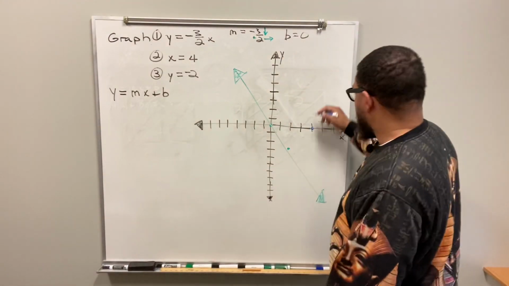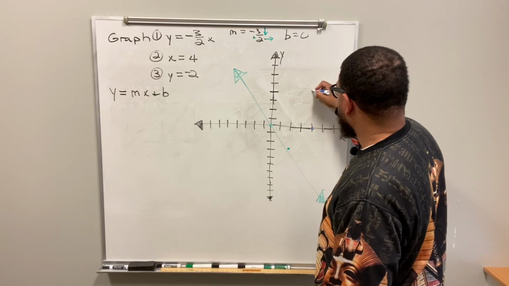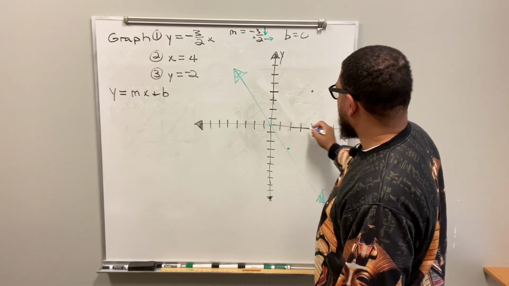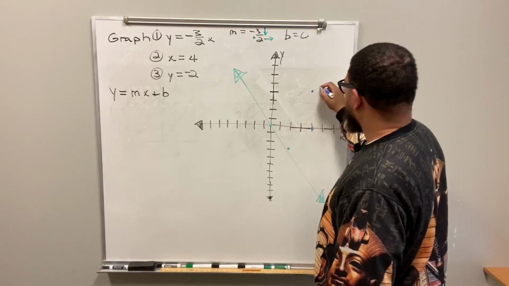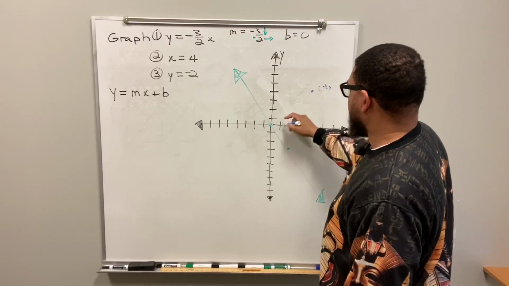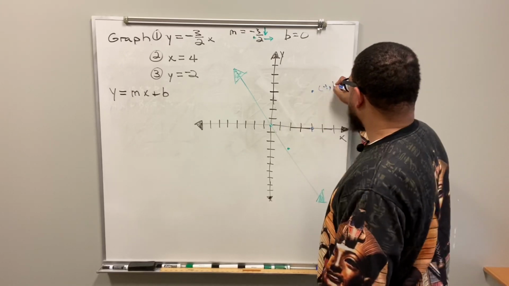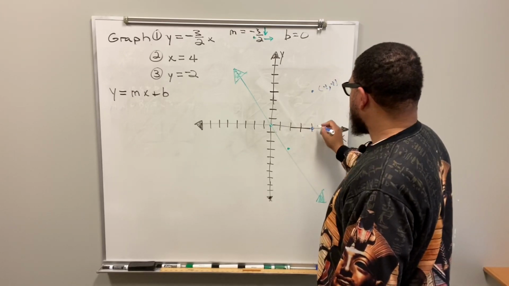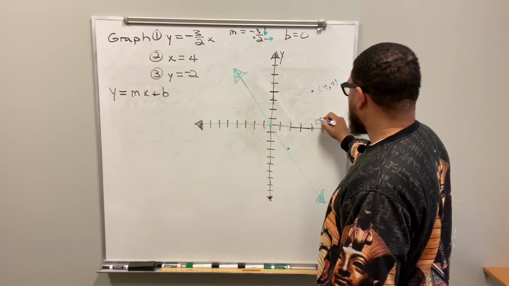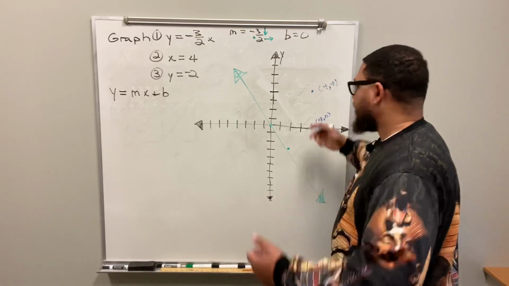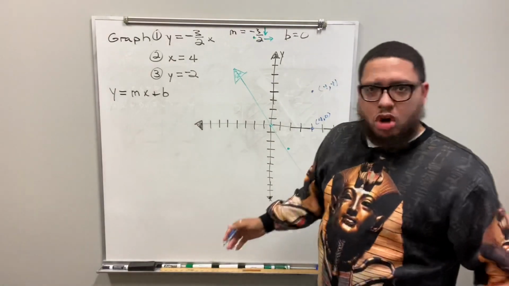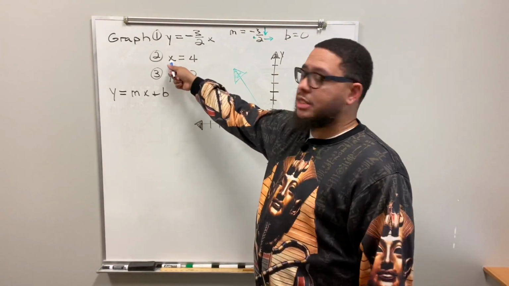So up here, I could put a point up here. What are the coordinates to this? 4 and 1, 2, 3, 4. The coordinates to this is 4 and 0, right? It doesn't matter, the x value is always going to be 4. That's why the equation is x equals 4.